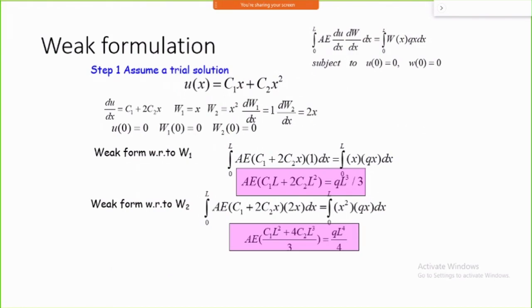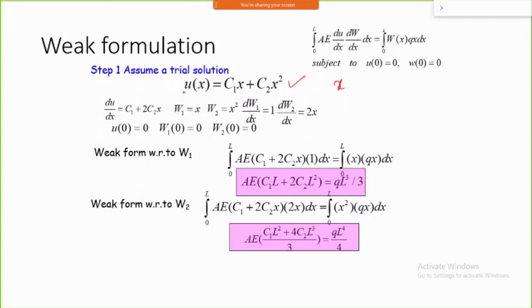Now we'll start with a solution of it. So I will now start with a polynomial, that is c1x plus c2x square. So the minimum requirement is x, but we have assumed a higher order polynomial. There is no problem. We can go for any higher order polynomial, but the minimum required is first order.